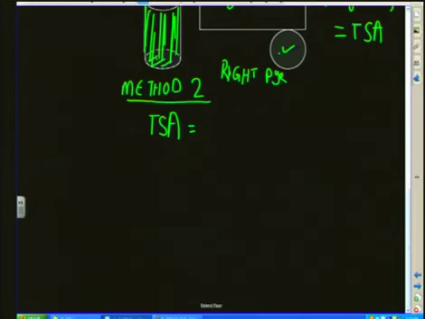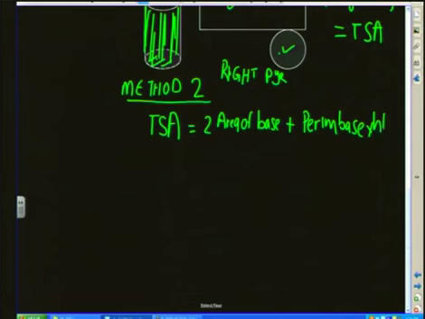The total surface area is equal to 2 times the area of the base plus the perimeter of the base times the height. So if you've got a good memory and you can take the time to learn this formula, then please do so. Total surface area is 2 times the area of the base plus the perimeter of the base times the height.